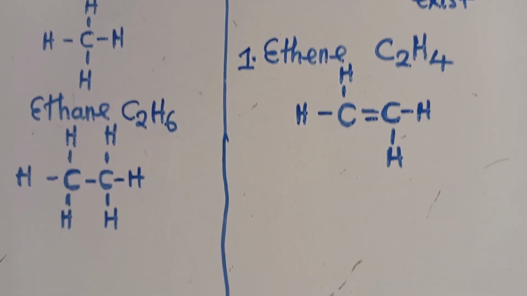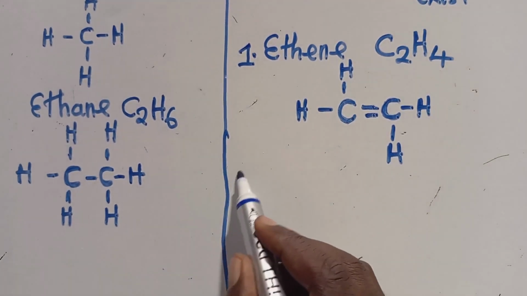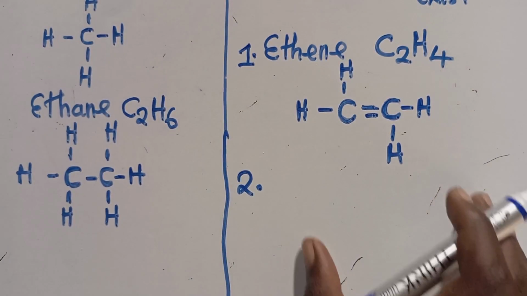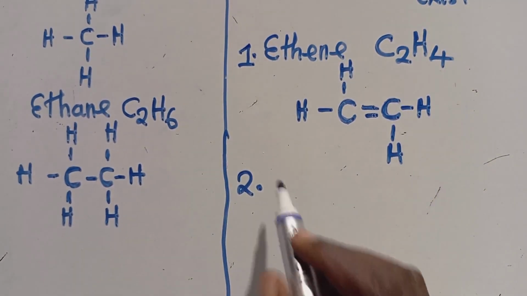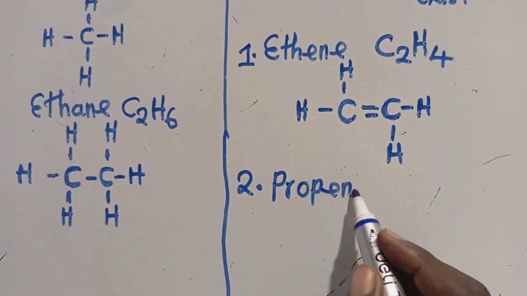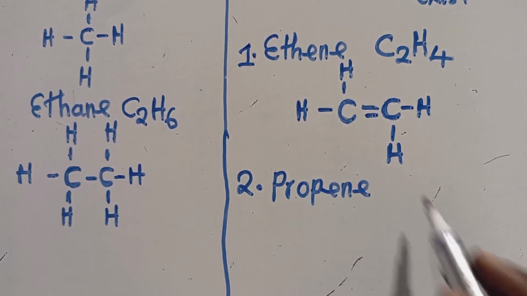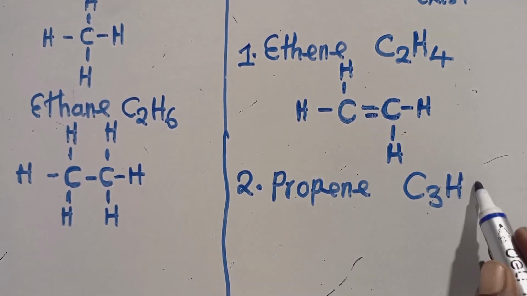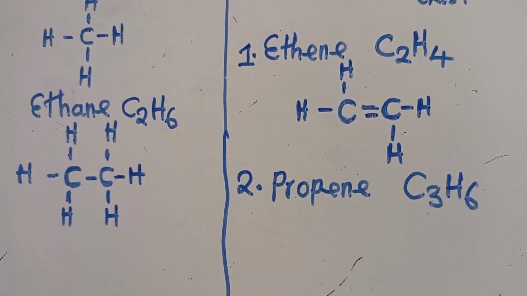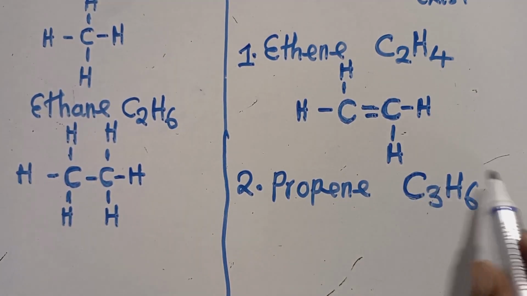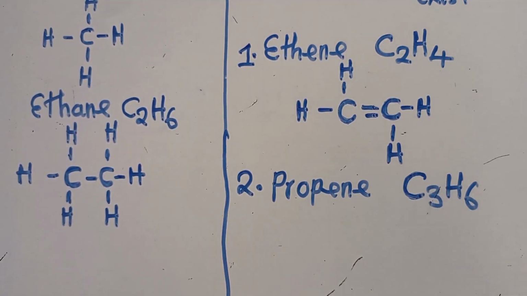So when I move to the third one, which is called propene, I'm calling it propene because the number of carbons is 3. So carbon 3, then here I just multiply by 2, which is 6. This is to tell you that 3 atoms of carbon are surrounded by 6 atoms of hydrogen.